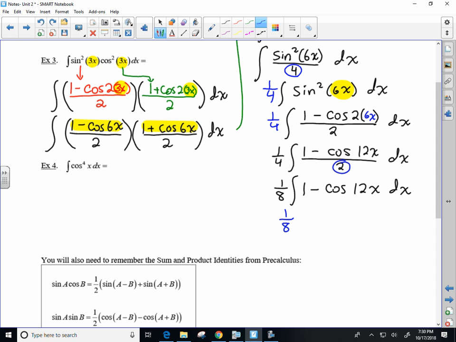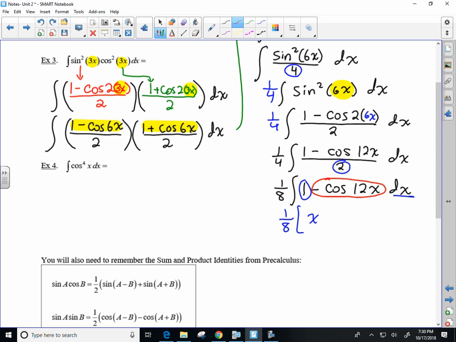So 1/8, the antiderivative of 1 with respect to x is just x. Now, the second part, you could do u substitution there, but this is a good opportunity for baby u sub. All right, so secant squared might have been a little too tricky to see, because if you didn't know the antiderivative of secant squared was tangent, then it's over before it begins.